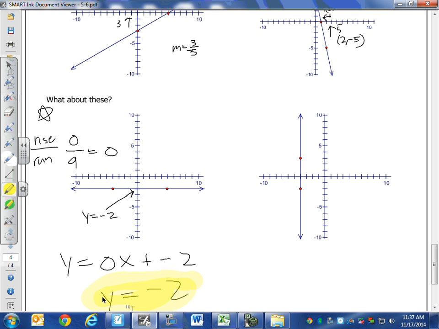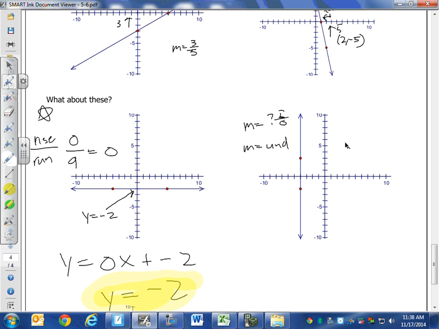Well, this slope is what, Mr. Petrowski? Is it 0? This slope is 0. So we got a rise of 1, 2, 3, 4, 5, and a run of 0. You're not allowed to divide by 0. All right. What's my y-intercept, Mr. Pemberton?